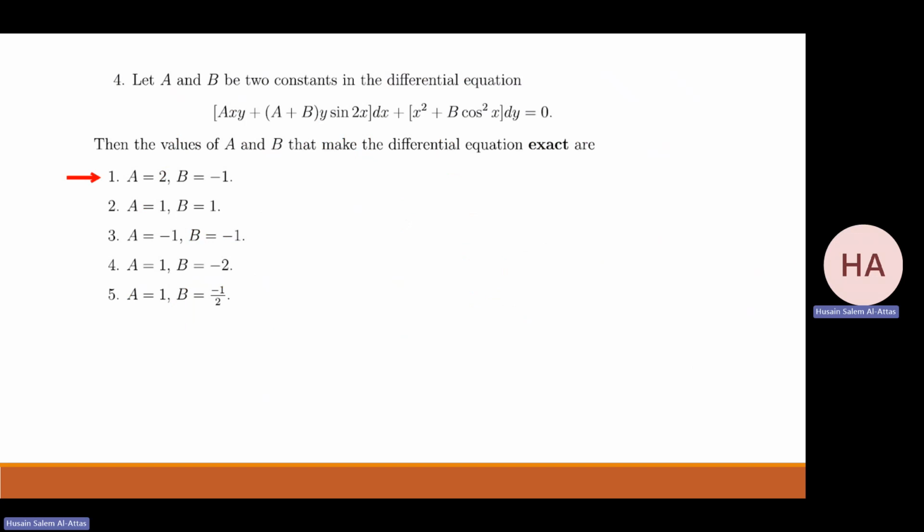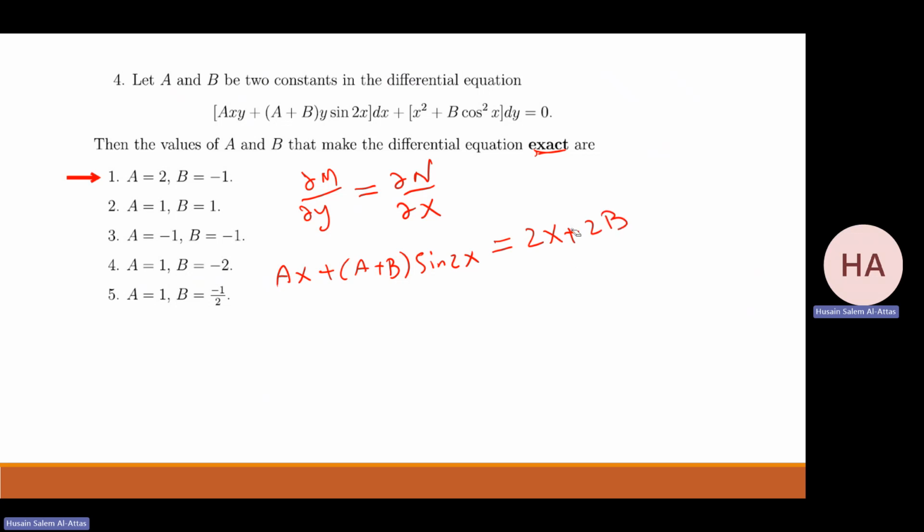Let a be a constant, 2. Find a and b so that it's exact. So partial m with partial y equals partial n with partial x. Be careful. Now what do I have? Ax. I have what here? All of this is a plus b sine 2x. I think we did something similar. Okay. That should be equal to x plus 2b, minus, not plus, 2b sine x cosine x.